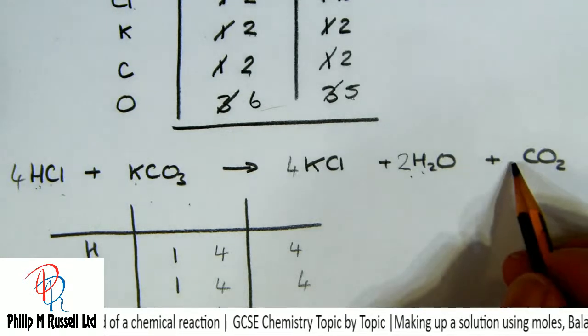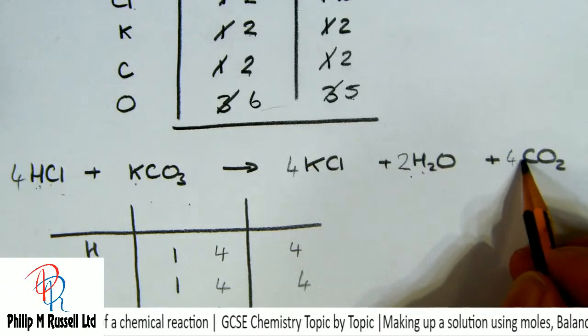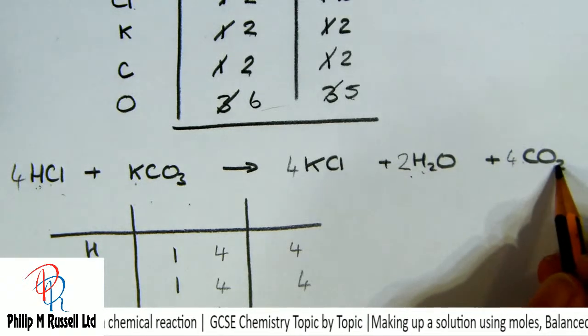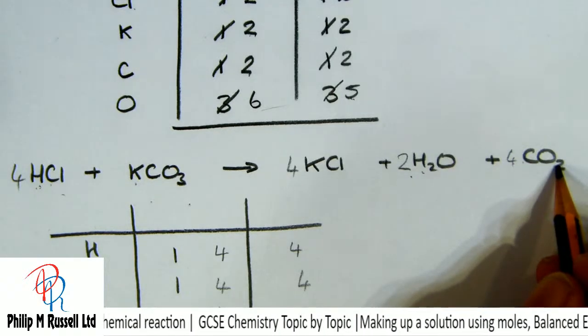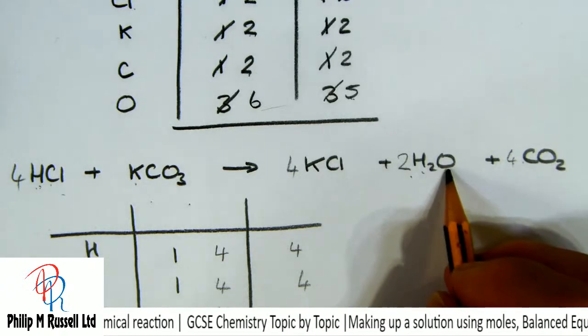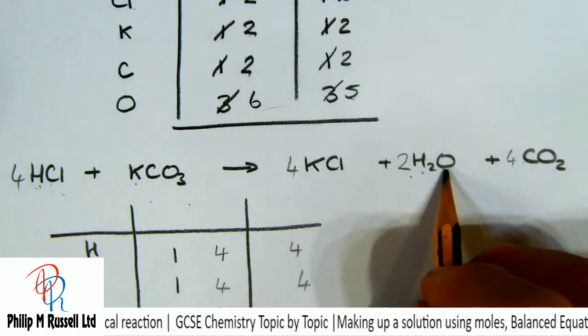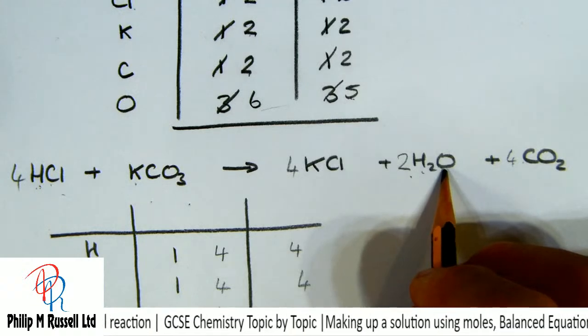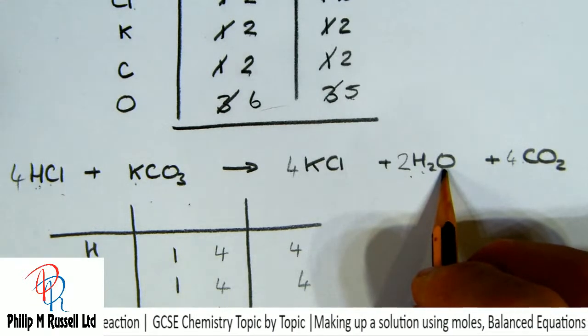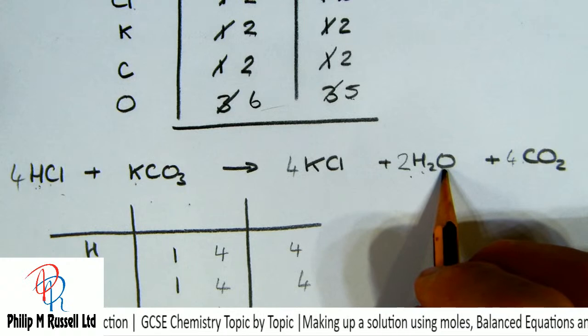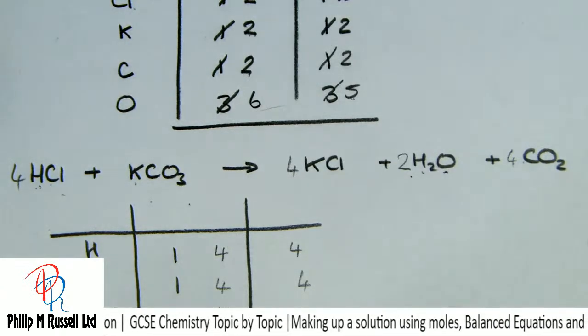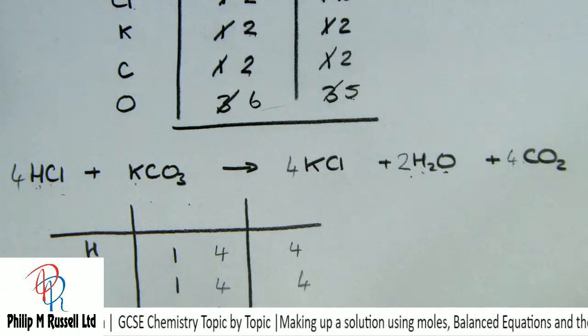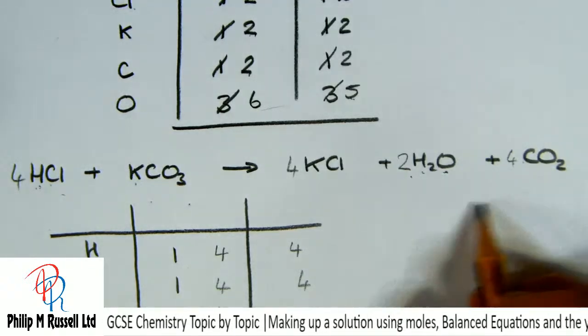If I've got 4 of those, I've got 4 carbons, 4 2s are 8, and we'll have these 9 and 10. So that's still not going to give us a sufficient number.